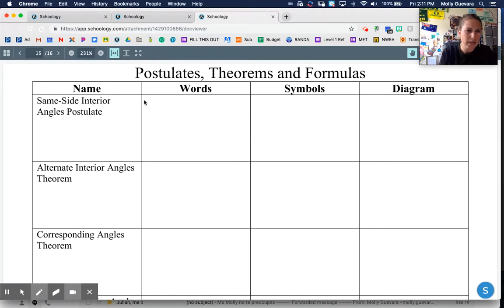So same side interior angles are supplementary.